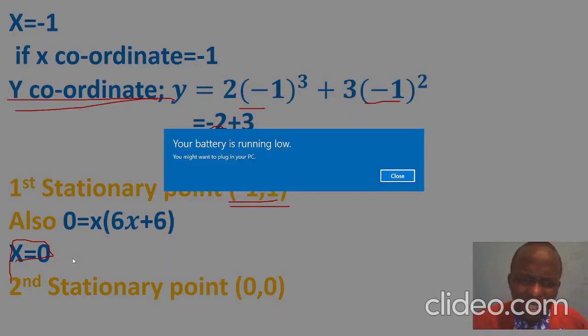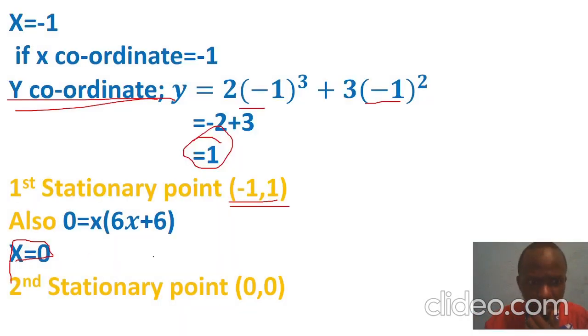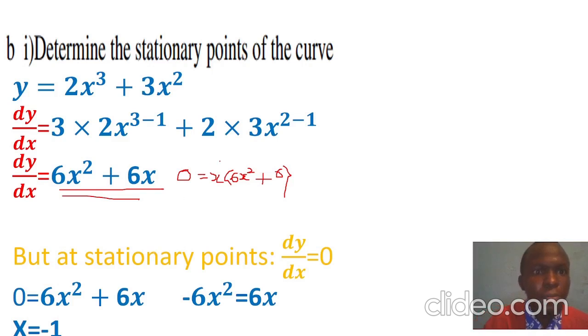But let us inspect the equation and see the kind of equation it is. Let's go back. Because the highest power is 3, this one is a cubic equation.